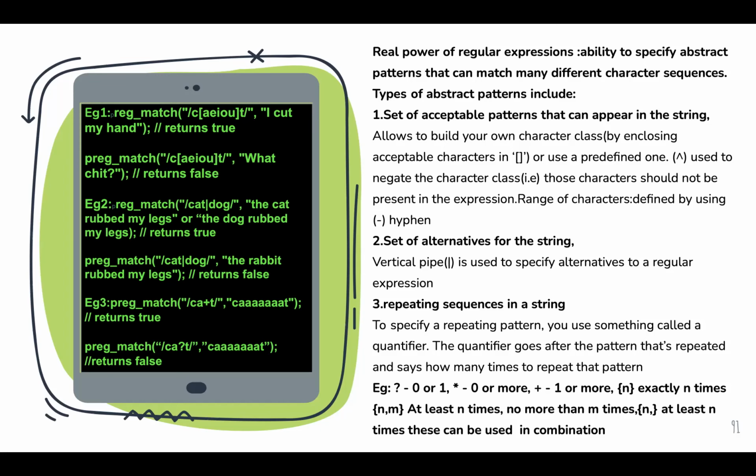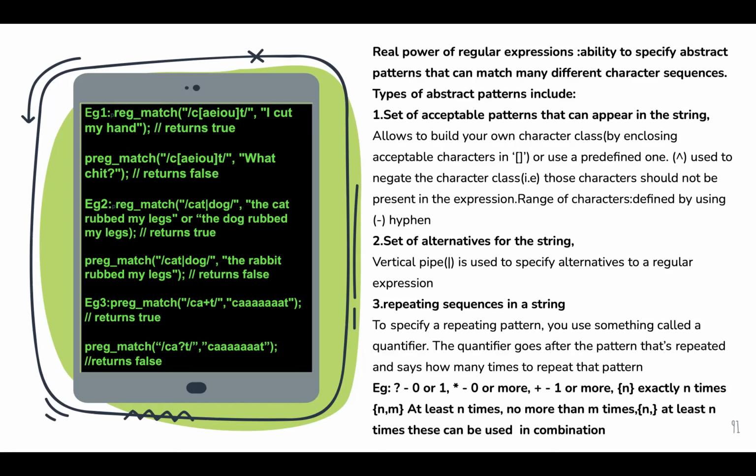Looking at examples of quantifiers, question mark means 0 or 1, star means 0 or more, plus means 1 or more, n enclosed in curly brackets means exactly n times, n and m enclosed in curly brackets means at least n times and no more than m times, and n comma enclosed in curly brackets means at least n times. These can be used in combinations.